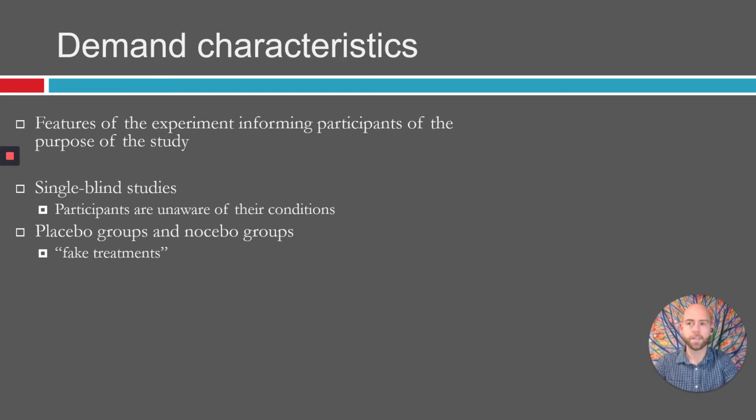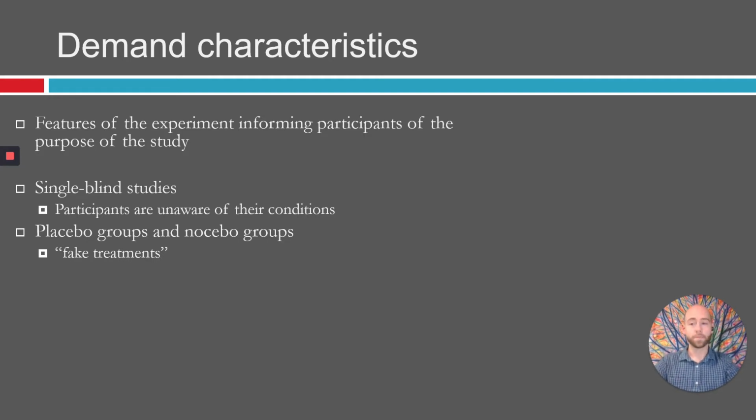Studies like that consistently find that, if you receive a placebo medication or a placebo therapy, oftentimes there are results from those, just because feeling like you're being treated or expecting that you're being treated is going to result in some changes. And the same type of thing can happen in psychology studies that aren't about treatment, where if participants think that they're being manipulated in some way, they might act differently than they otherwise would.